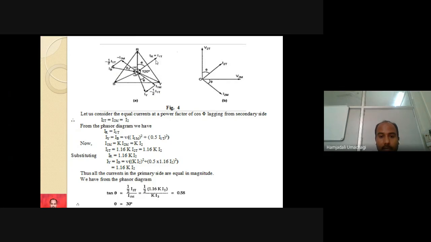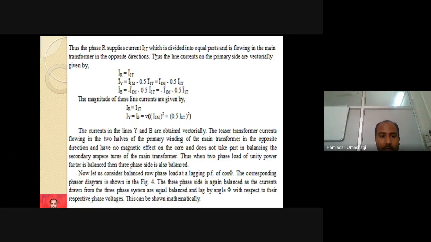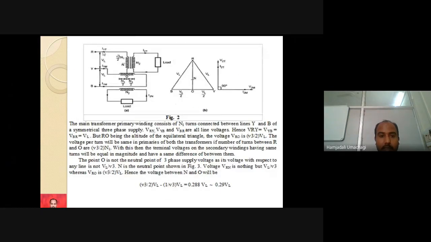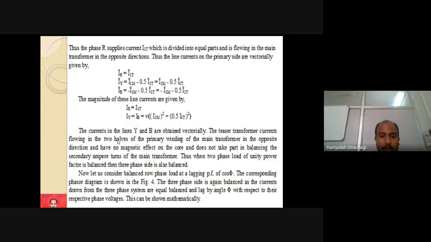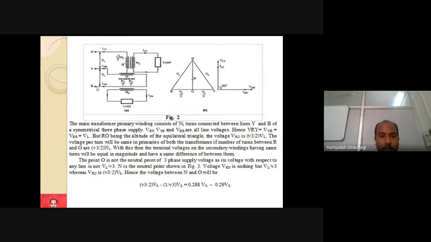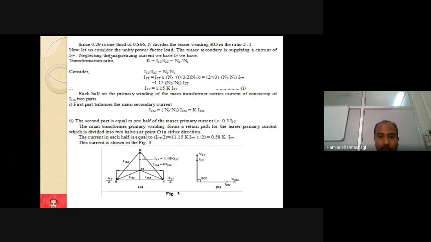The current flowing through phase R is I1T, and the connected load is lagging power factor. From the phasor diagram, the current flowing through IY equals IB. You can see the current flowing through IY and IB is I1M on both sides, plus and minus half of I1T. That is what we are going to write here.